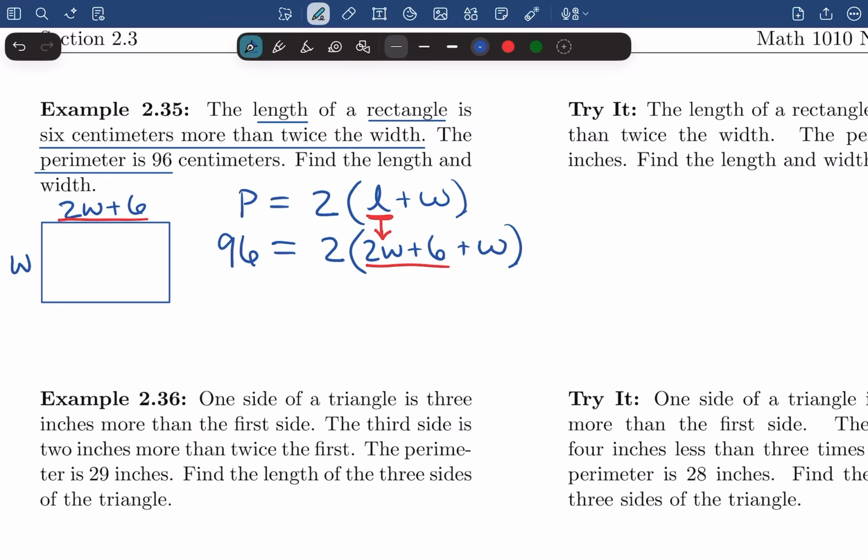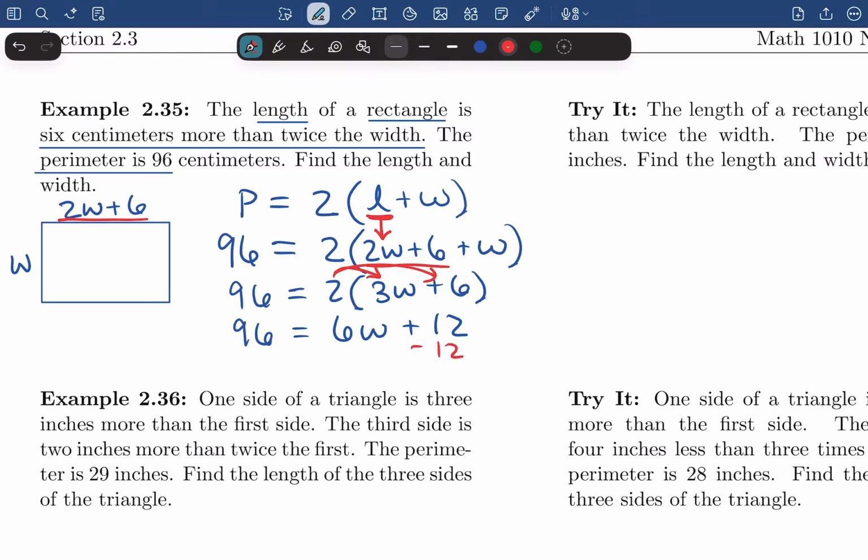We can simplify this equation that we've created to solve for the width. I'll do it for you. So cleaning this up, I get 96 equals 2 times, well, 3w plus 6. Then I can distribute this 2 into both of these terms. I'm going to rewrite it. 96 equals 6w plus 12. Now, think of the two basic operations you can do to get w alone.